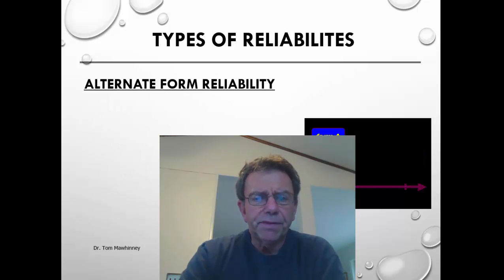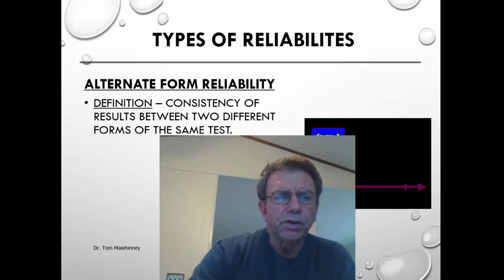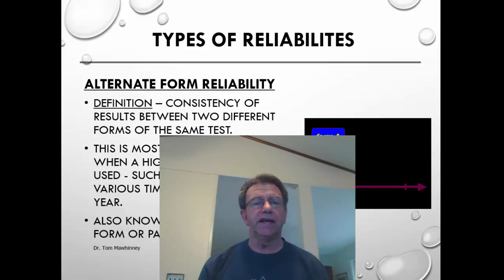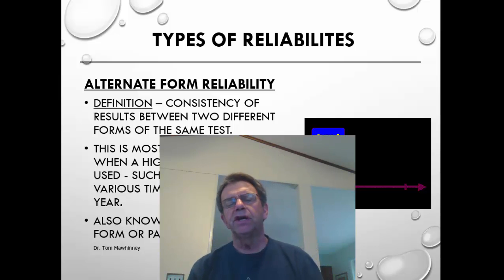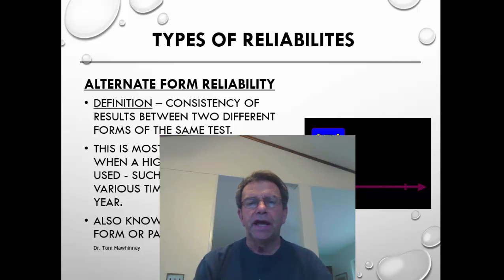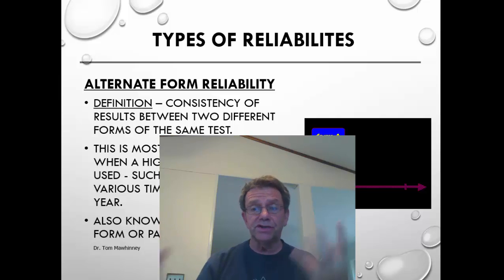This is a type that you should be familiar with. It's called alternate form reliability, and if any of you have taken the SATs or the GREs, you know that they give the tests on different dates, and typically they should give the same results. So these are different forms of the same test. Alternate form reliability simply means that there is consistency between those.